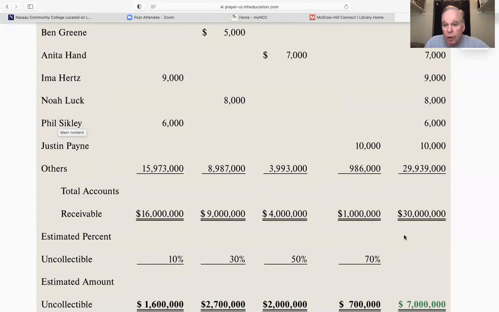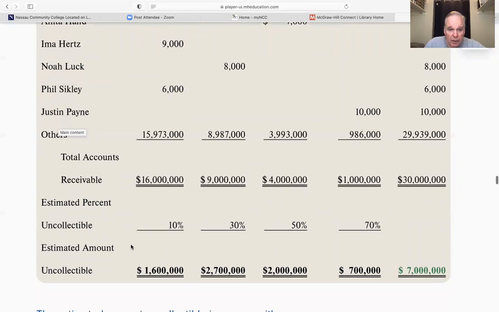So notice that the total accounts receivable is 30 million, but it's made up of this 16 plus this 9 plus this 4 plus this 1. Now, the longer somebody owes me money, the less likely I am to get paid. So notice for this first group, I'm going to use 10%.